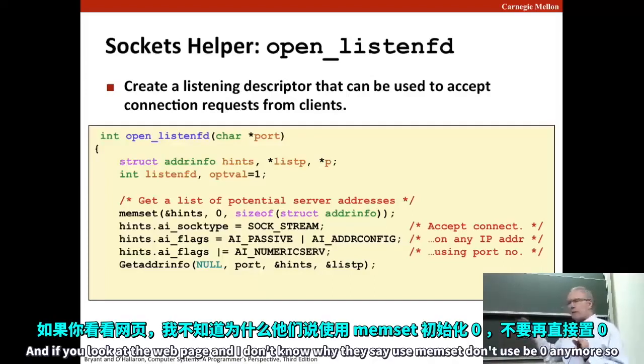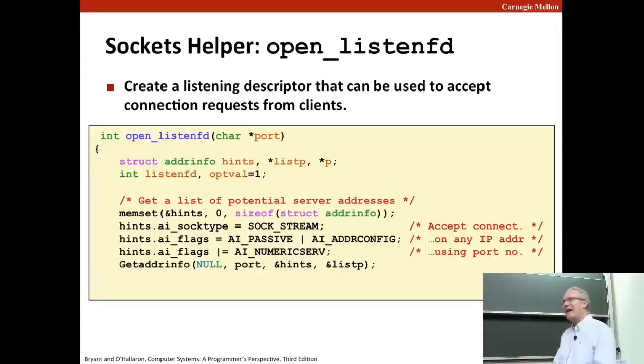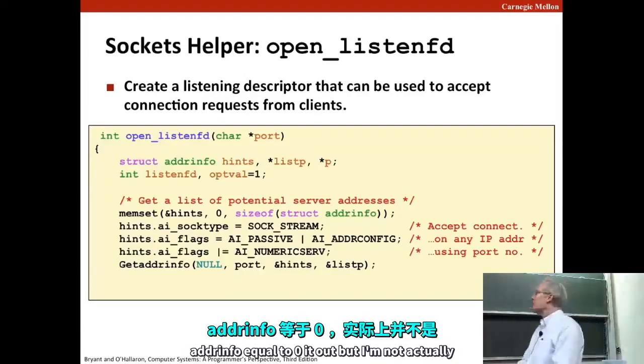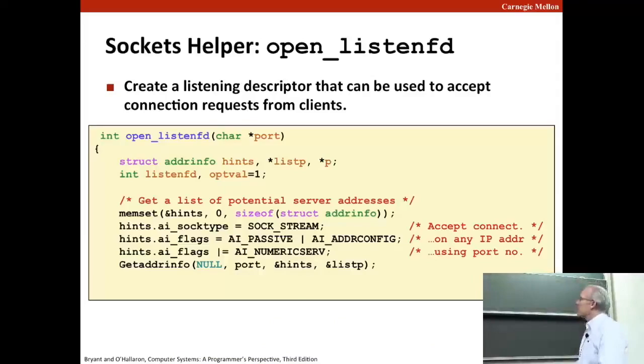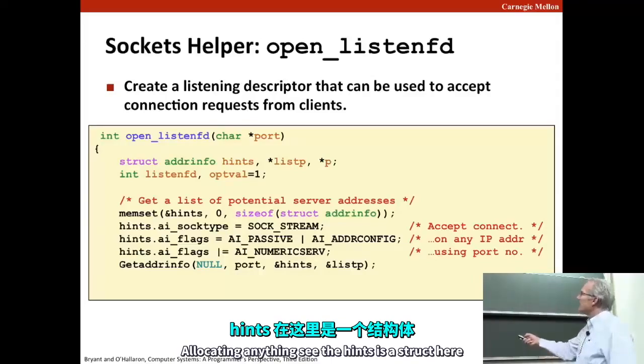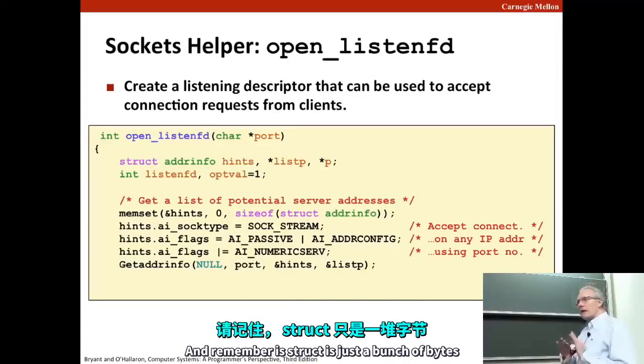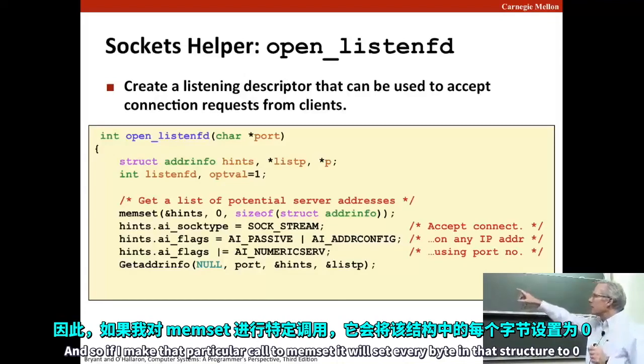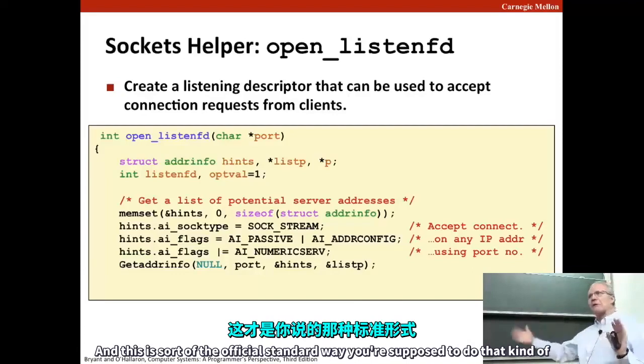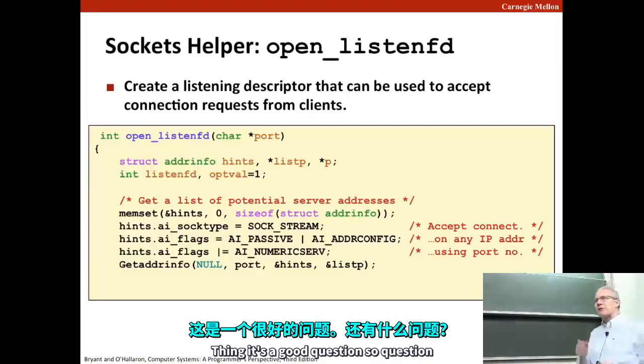And if you look at the web page, and I don't know why, they say use memset, don't use bzero anymore. Doesn't calloc also zero? calloc will also zero it out, but I'm not actually allocating anything. See, the hints is a struct here. And remember, a struct is just a bunch of bytes. And so if I make that particular call to memset, it will set every byte in that structure to 0. And this is sort of the official standard way you're supposed to do that kind of thing. Those are good questions, though.